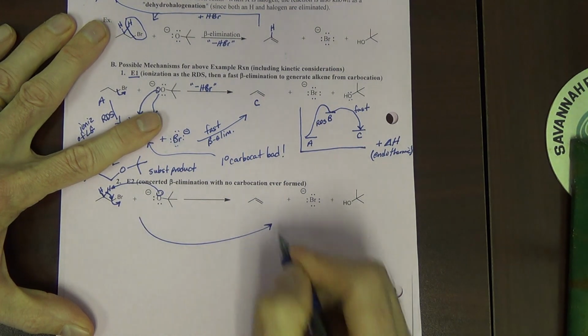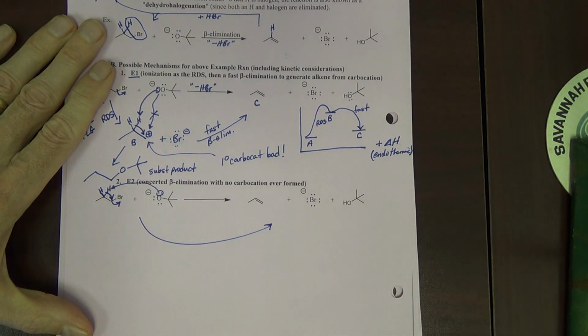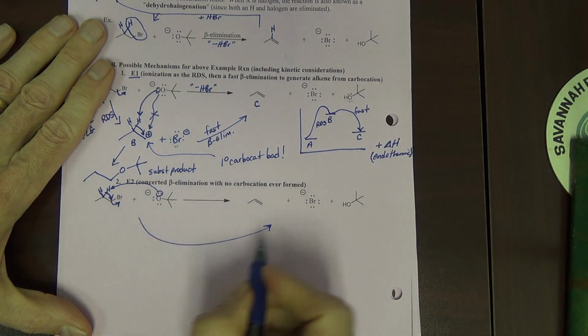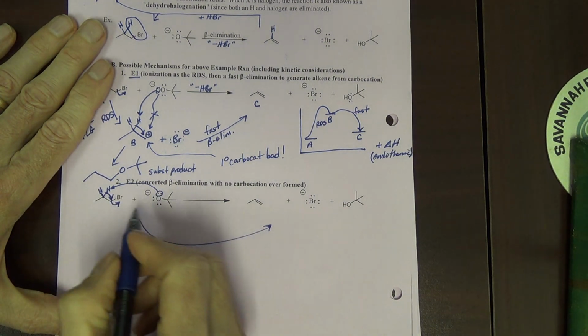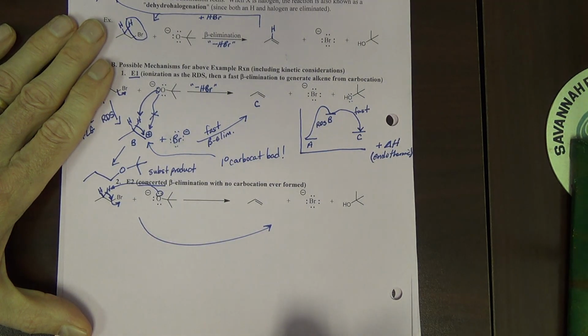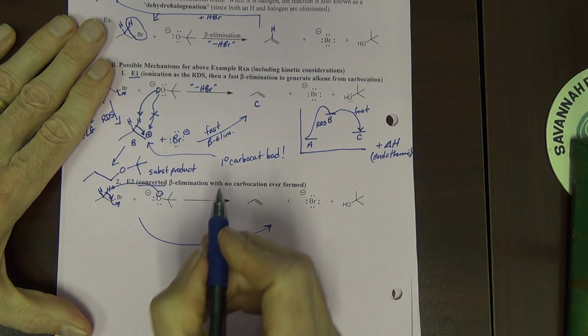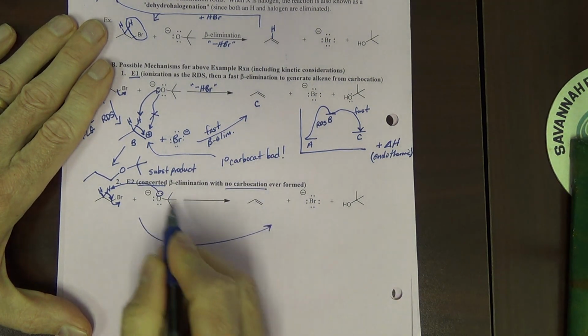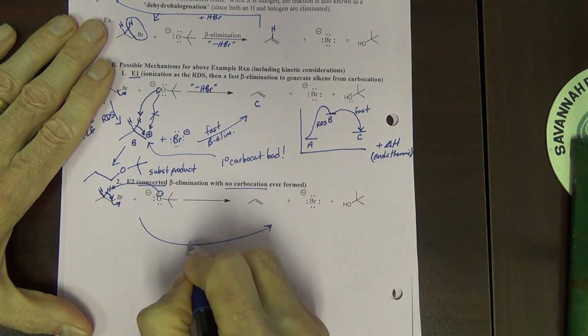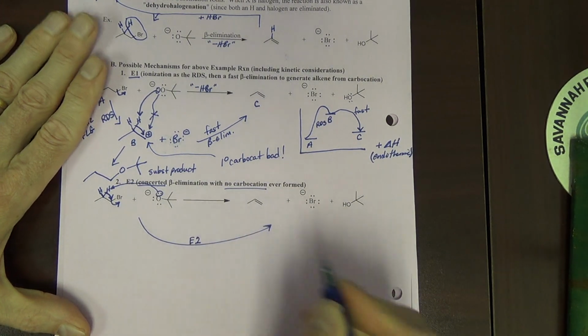Well, it would give all that. And that is where all steps are concerted. And no carbocation ever formed in this mechanism. And that is an E2.